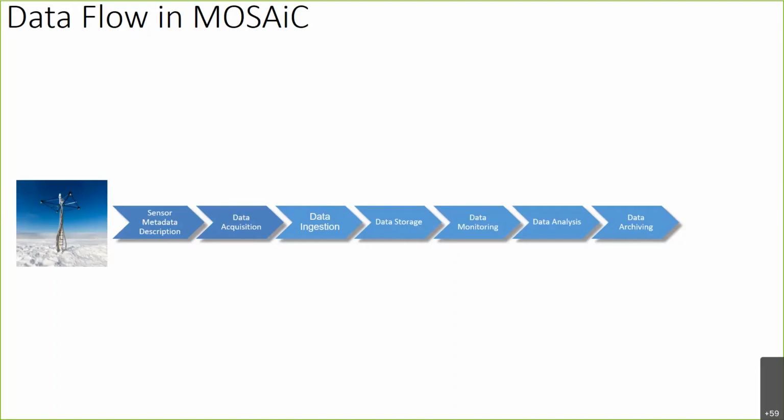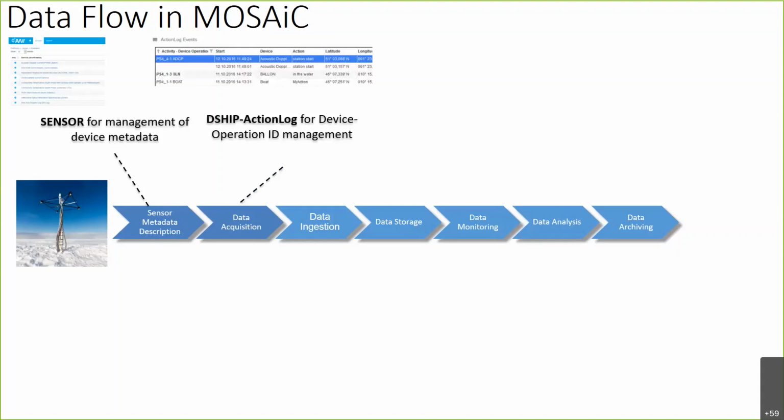And an important building block of the metadata registry system is the sensor, where ideally you share your metadata already before the expedition. And further, documentation of the sensor actions is done in the DShip action log. So here, the device actions and deployments with label, time, and geographical coordinates are recorded.